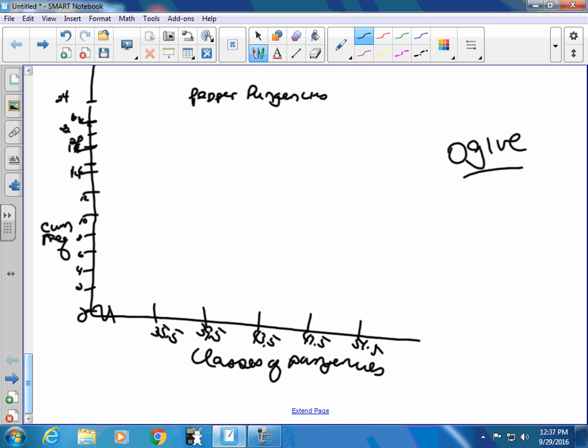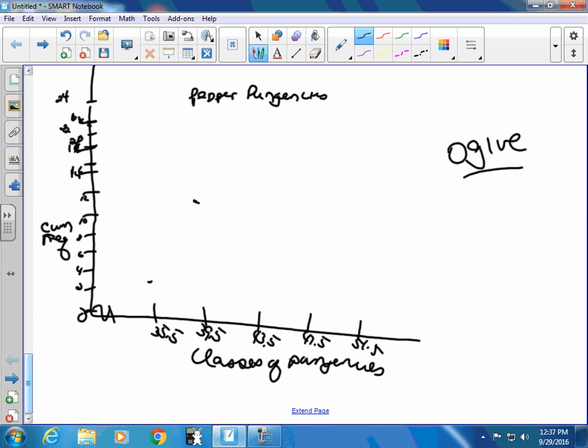An ogive also is a line segment, so no bars here. So keep going to your cumulative frequency. You should always see it going up, or it could stagnate, but it can never go down. So the first one starts at 3. Then the second one is now at 12.